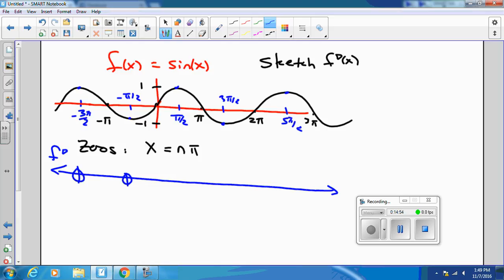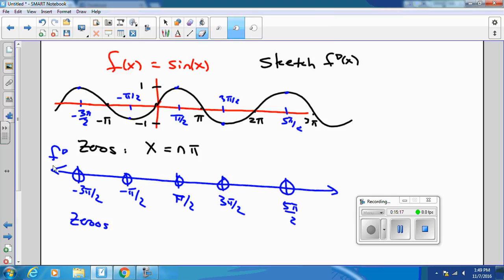That's how we should start. And we have zeros for our f prime at places where our function has horizontal tangents, and how would we describe those points? Well, I didn't do a very good job of making them evenly spaced, but how would you describe all these zeros?